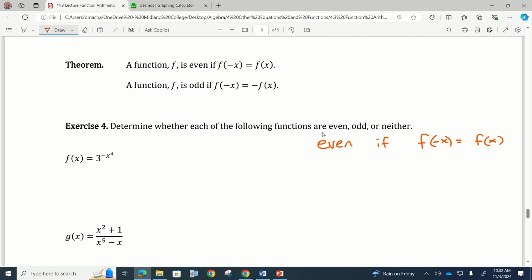That's how you can tell it's even. A function is odd if you try plugging in negative x for the argument, and you simplify everything as much as possible, and you get the negative of your original function. That's your even odd test for functions.